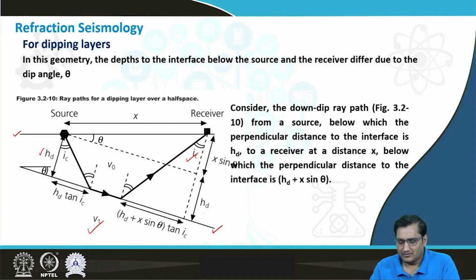Now let's consider the down dip ray path. That means the source is exciting some energy and the waves are traveling in the downward direction towards the interface, and because it hits the interface at the critical angle, it will travel along the interface and then be refracted back to the receiver and recorded there. Now we need to calculate the travel time for this head wave in the down dip direction.